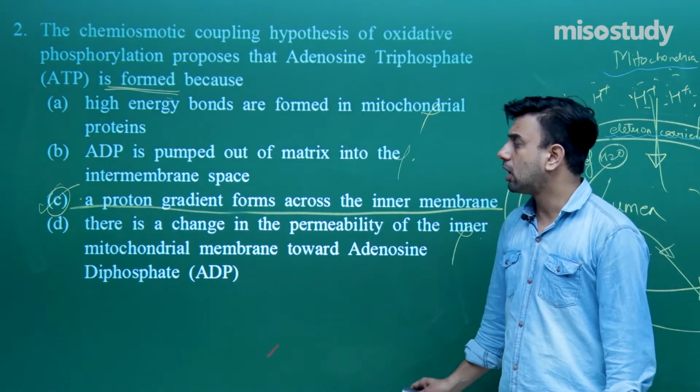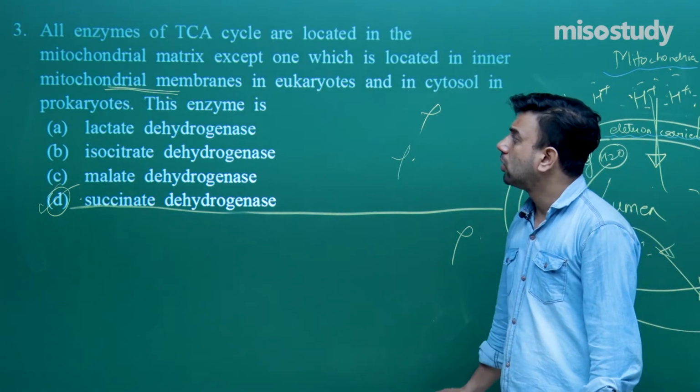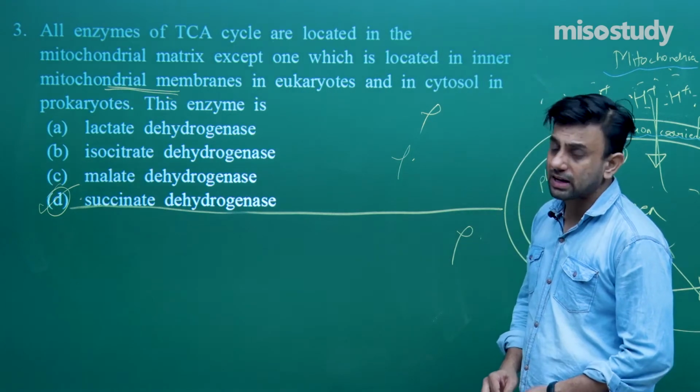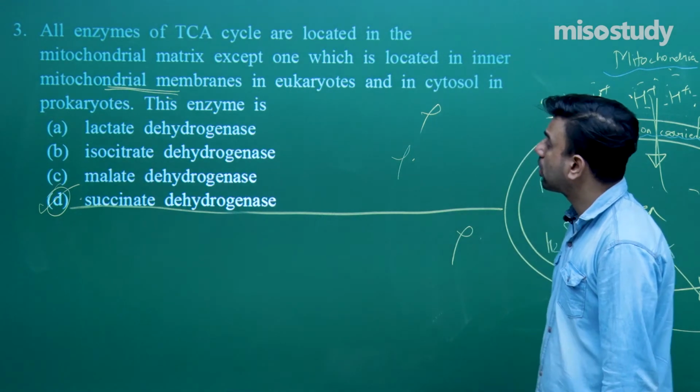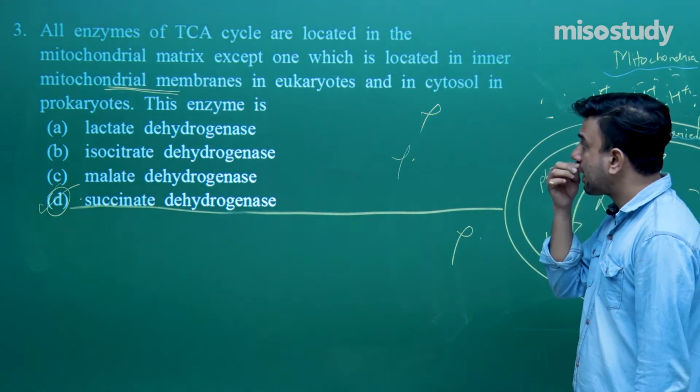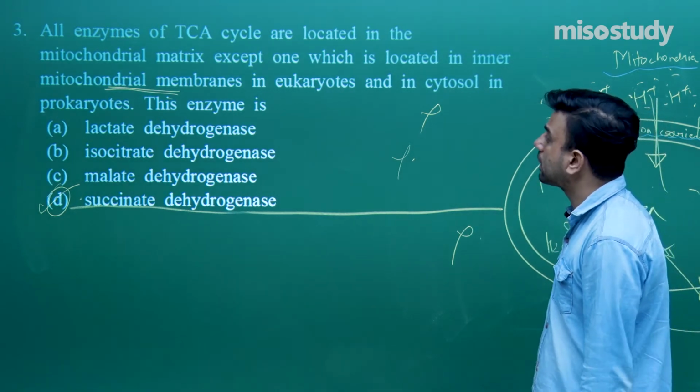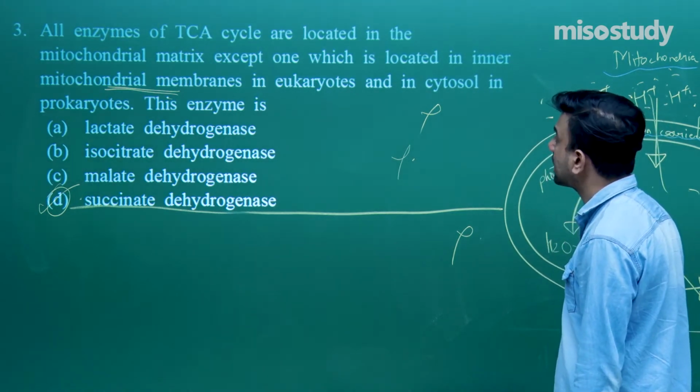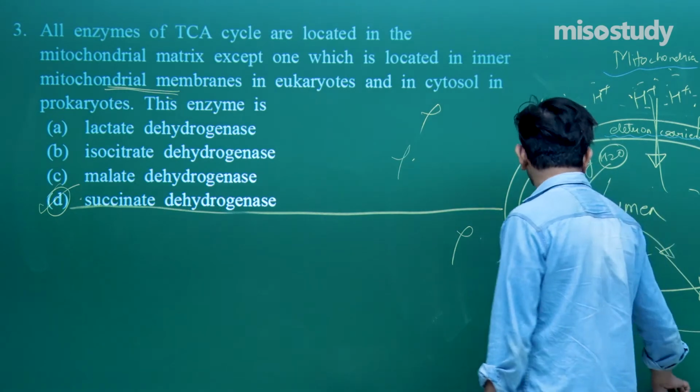Great. Now we move on to the next question. All enzymes of the tricarboxylic acid cycle are located in the mitochondrial matrix, except one which is located in the inner mitochondrial membrane in eukaryotes and in cytosol in the prokaryote.